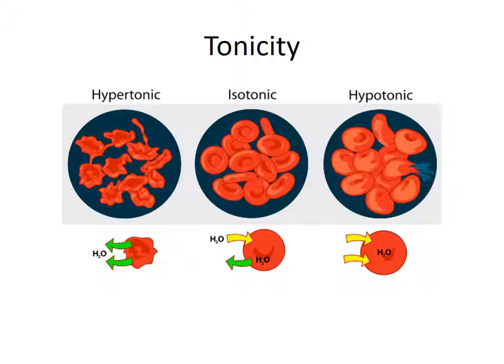And in this situation, the outside water is going to enter the red blood cells, and the red blood cells will keep on taking up water and keep on taking up water until the membrane will finally just pop. Just like if you overfill a balloon, it will pop. So in a hypotonic solution, our red blood cells will simply lyse.